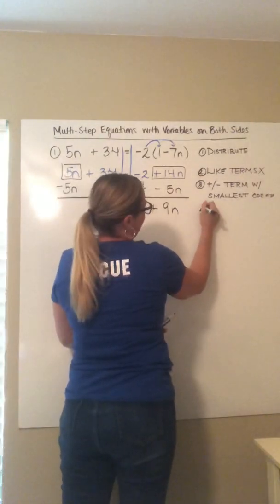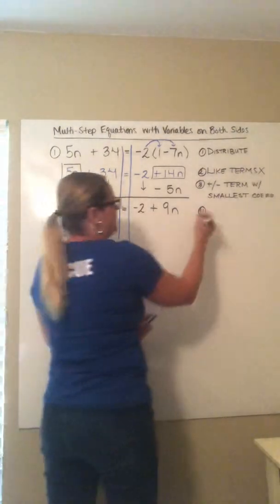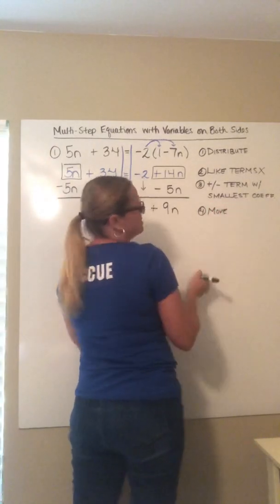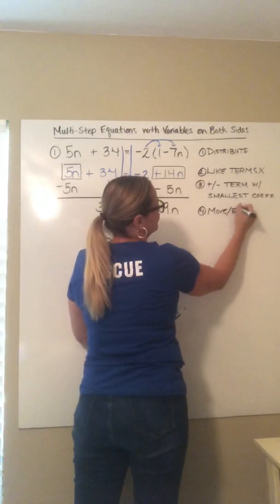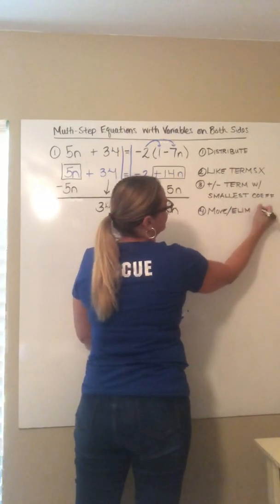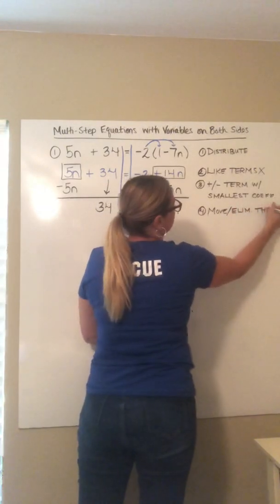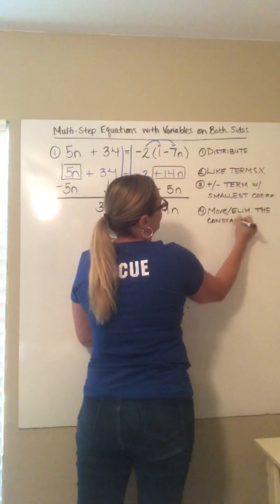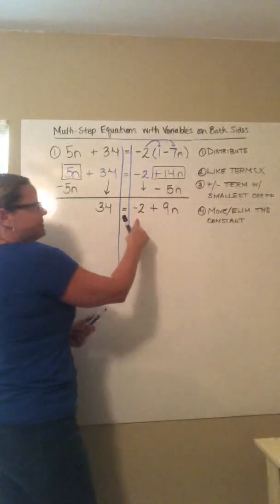So step 4 is going to be to move the constant. Or instead of move, you can think of it as eliminating it from that side. So my constant is -2.